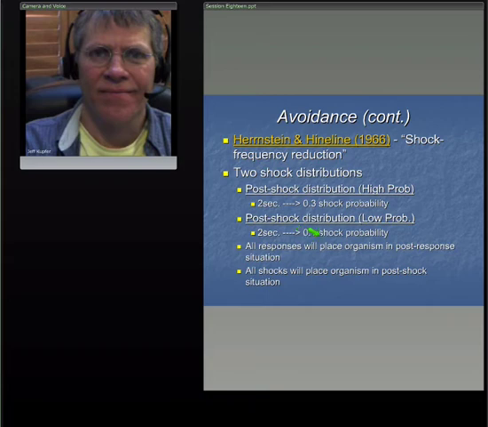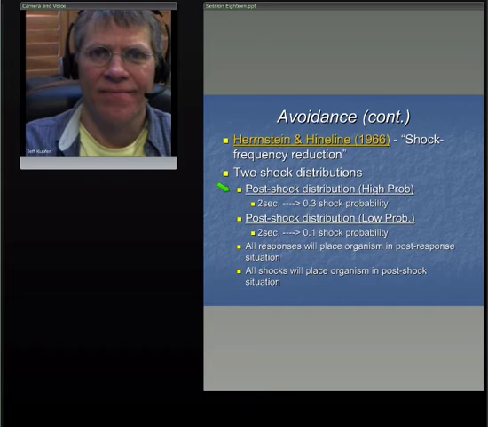The only way to get back down to this world down here of less shock and less aversiveness is to maintain an avoidance response. However, unlike Sidman avoidance and unlike signaled avoidance, remember in those two previous paradigms, the rat could just simply keep responding again and again and again, and if it did so, it could avoid 100% of the shocks.